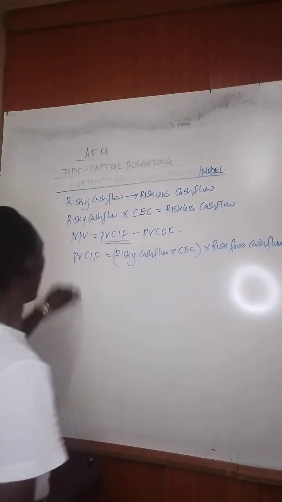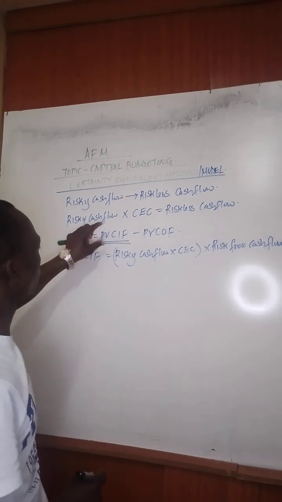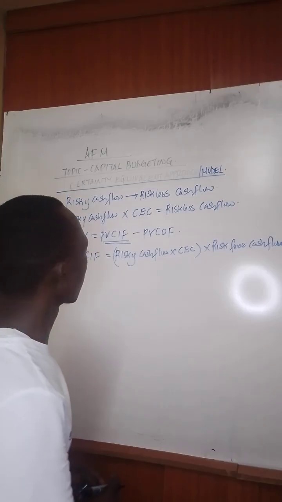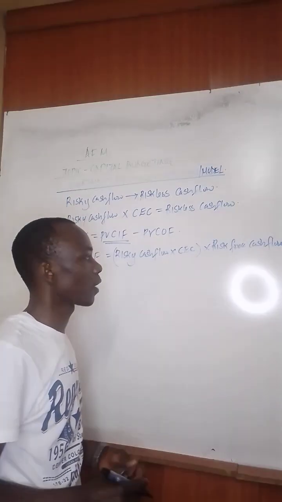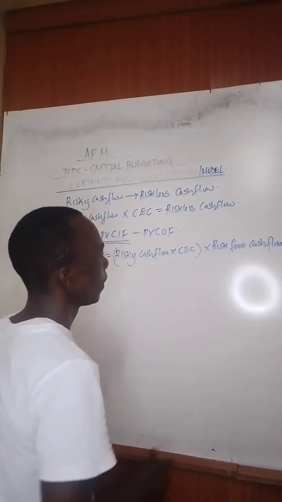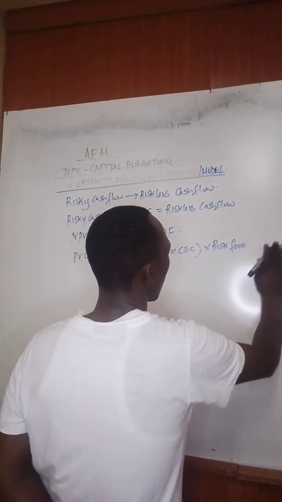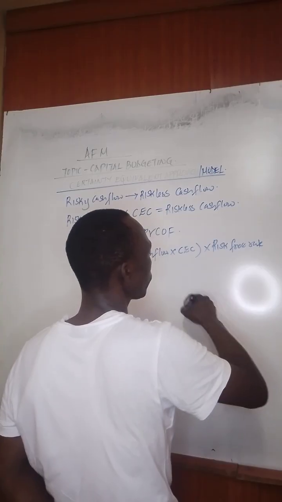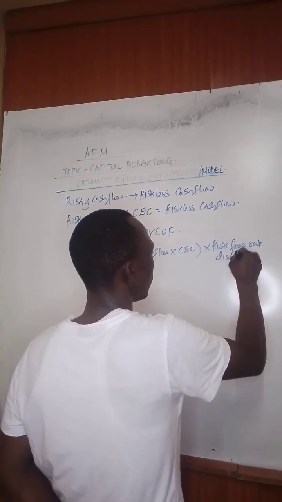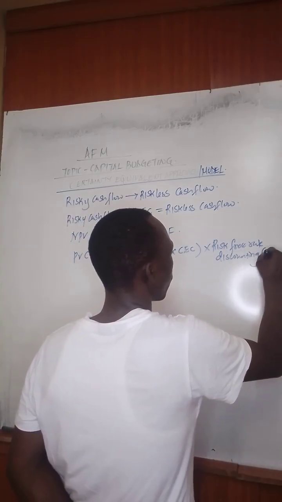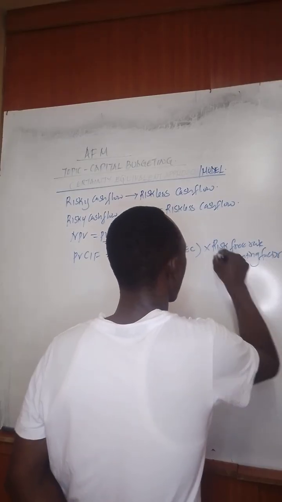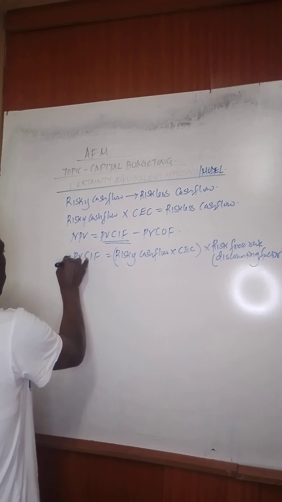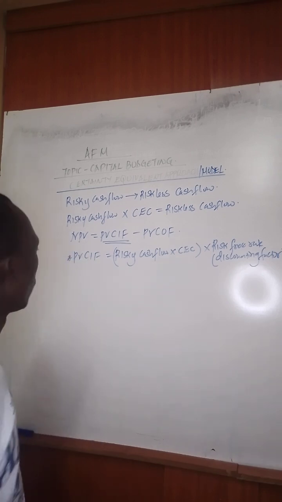Unlike the normal NPV, whereby to get the present value of cash inflow we discount using the cost of capital or the required rate of return, in this case we discount using the risk-free rate as the discounting factor. Therefore, from there, you will arrive at the present value of cash inflow.